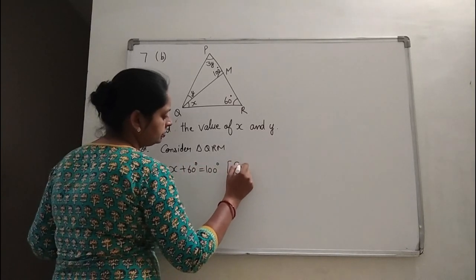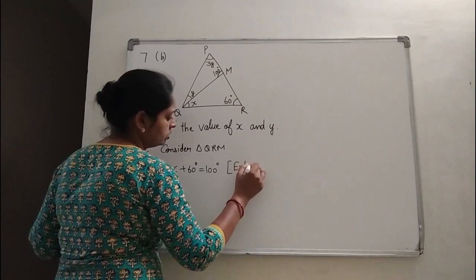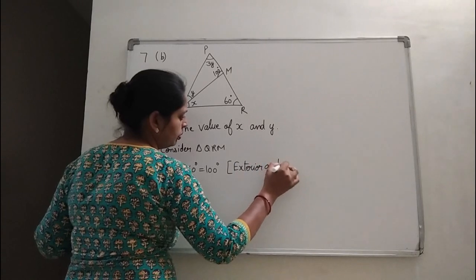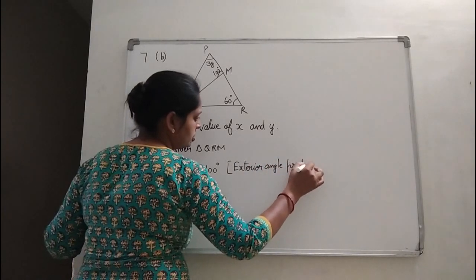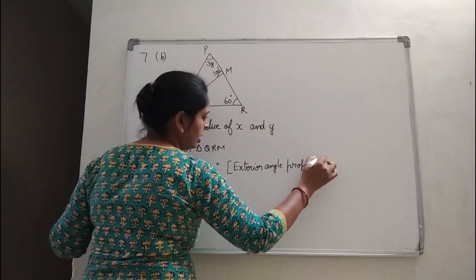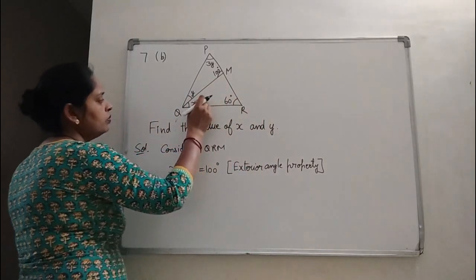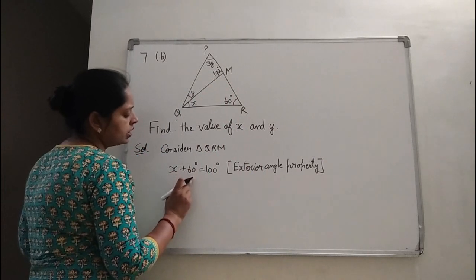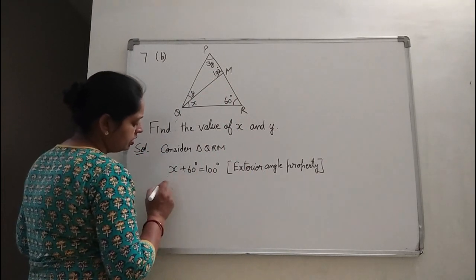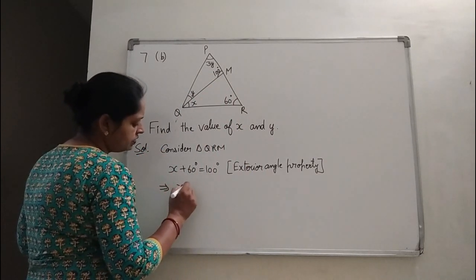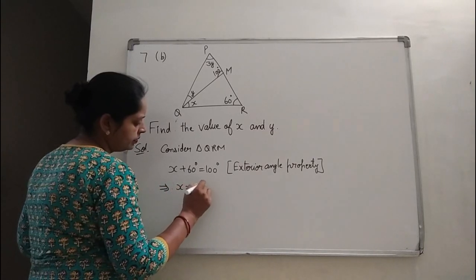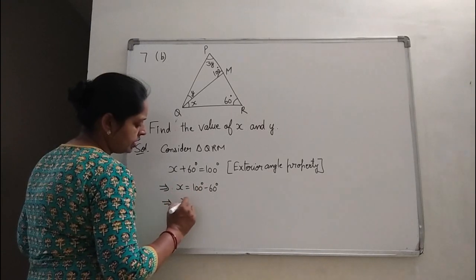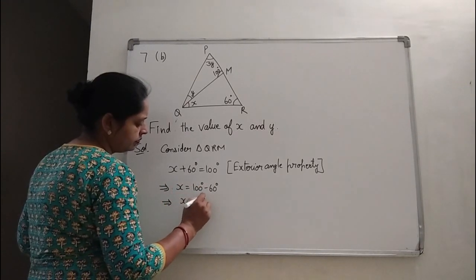Exterior angle property. And what is the exterior angle property? That exterior angle will be equal to the sum of two opposite interior angles. And these two are the opposite interior angles and their sum will be equal to 100 degree, which implies X will be equal to 100 degree minus 60 degree. Hence we got the value of X as 40 degree.